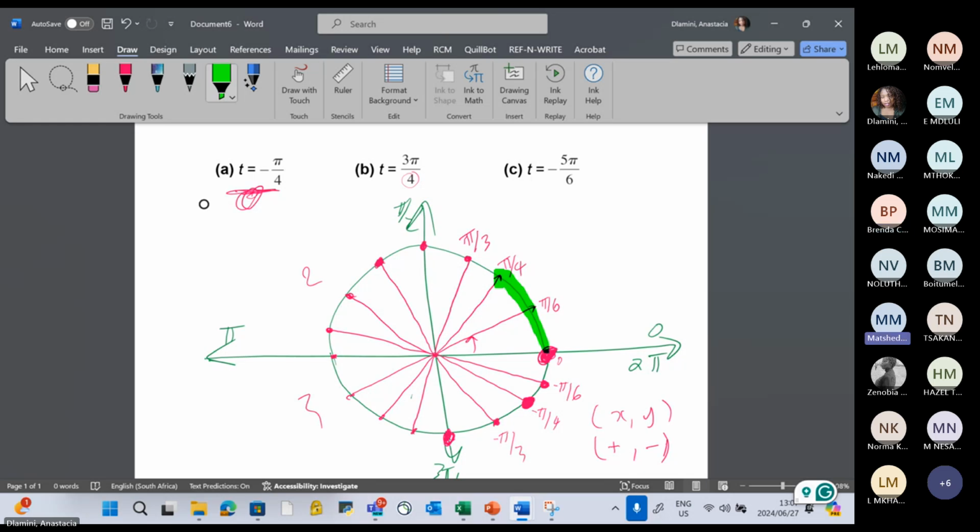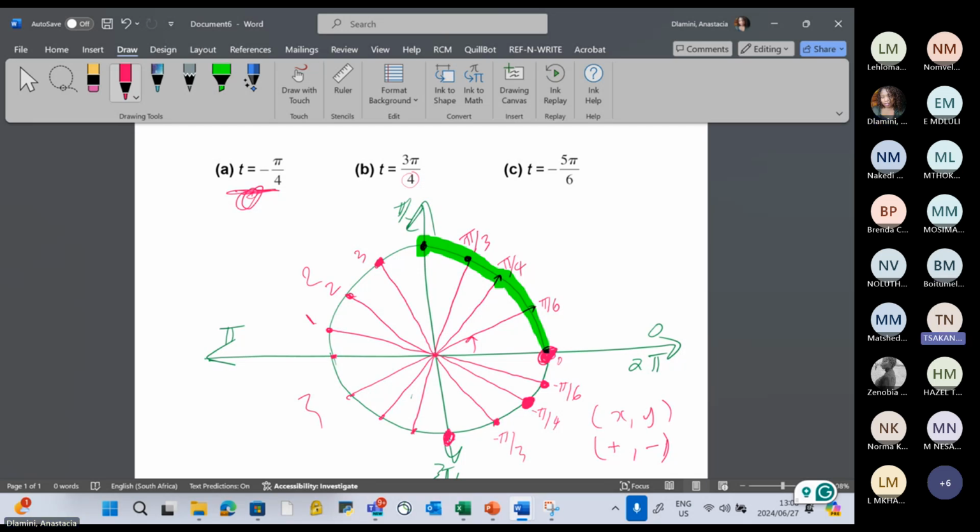Yes, ma'am. The second one, what is pi over 4 plus pi over 4? That is, what is 45 plus 45? 90. It means I'm going to stand here at 90. That's the second one. Do you see that? Yes. Now, between line 1, 2, 3, if I move from where I am, where is the pi over 4?